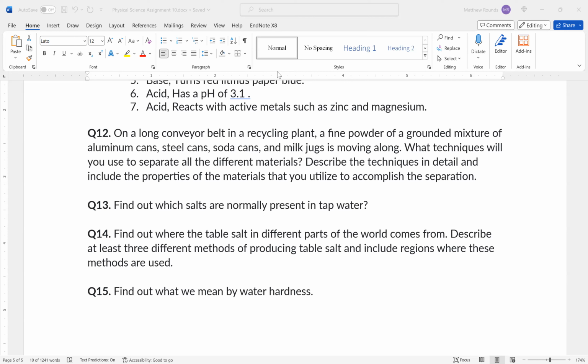It says sodium and chloride. Okay. Now, fluoride's not a salt. Well, I guess it is because it's a metal and a non-metal mixed together. So, yeah, go ahead and put together a sentence for that.